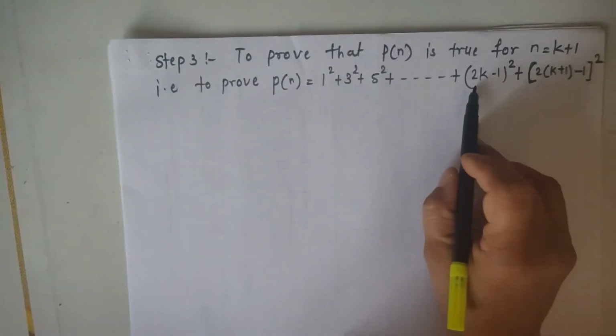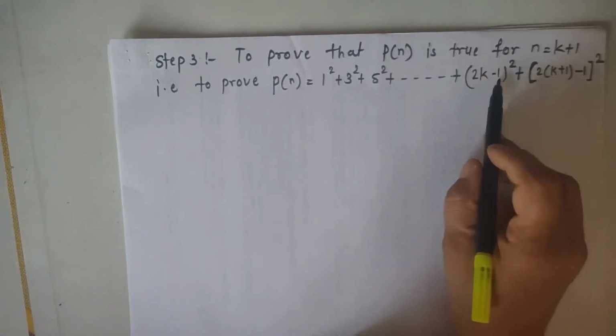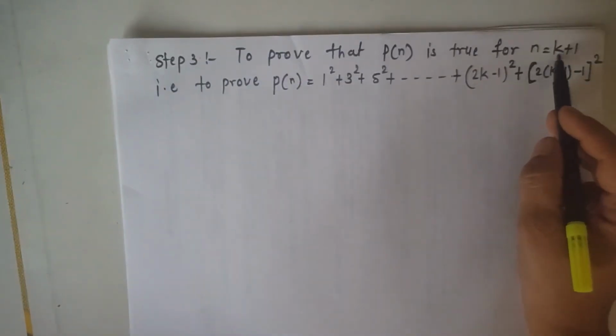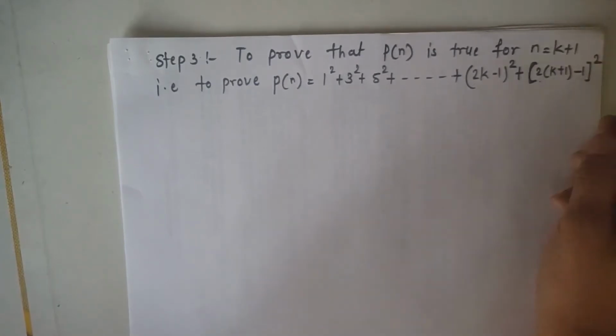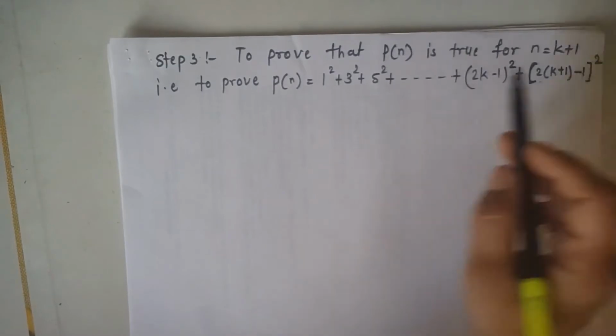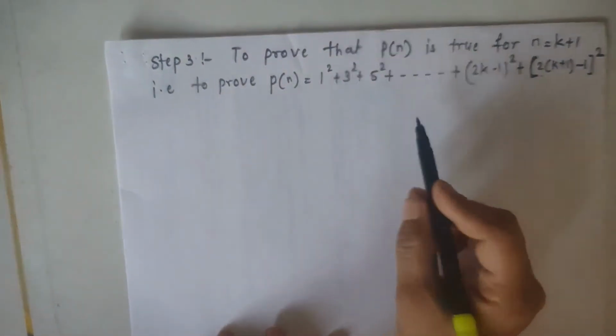Here the second last term is in the form of k, so write here (2k minus 1) bracket square, and the last term in k plus 1 form, that is (2 into (k plus 1) minus 1) bracket square. Here substitute n is equal to k plus 1. Then we get the LHS of the P of k plus 1 statement.